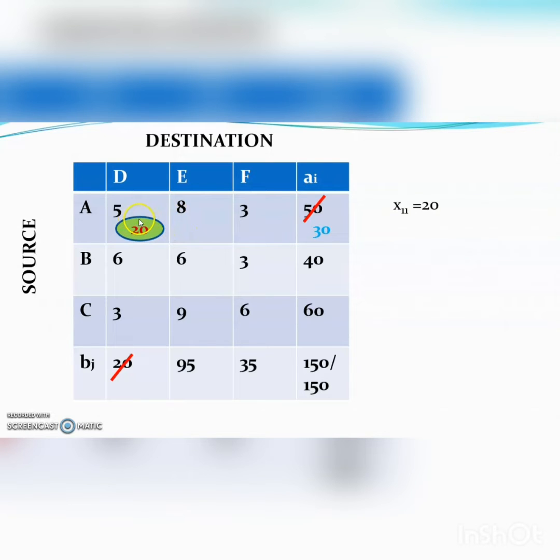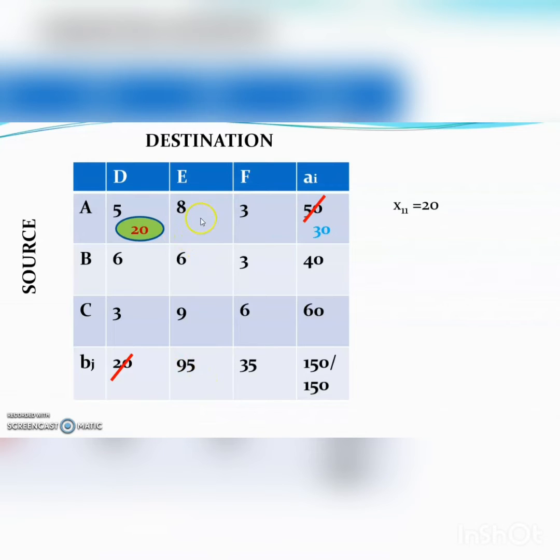Now we move on to the right of this cell and allocate as much as possible in the 1, 2 cell. Here the availability is 30 units and the requirement is 95 units.